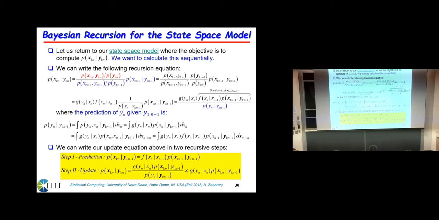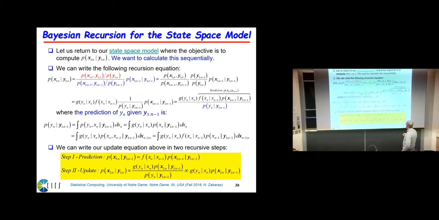So in the way that we have it here, we basically are going to compute the posterior of x1 to n given y1 to n. And let's say that you don't really care about all the x's, and the only thing you want is to update the state xn. Okay, you only need the marginal.